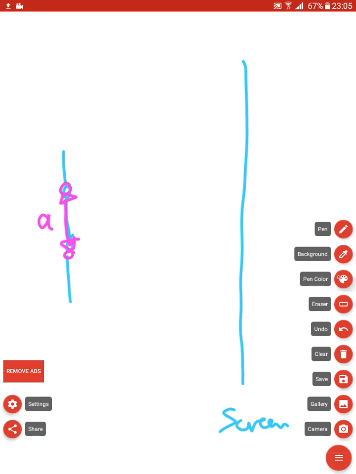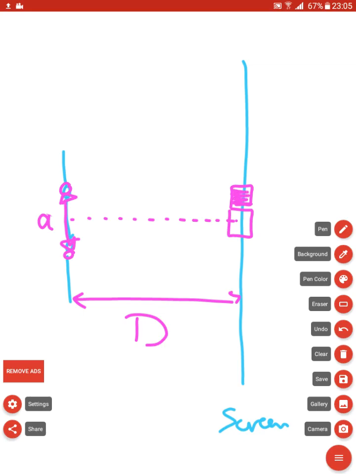This is the symbol for it. The distance between the screen and the slits is capital D, and here we have the bright, here the dark, another bright, another dark.